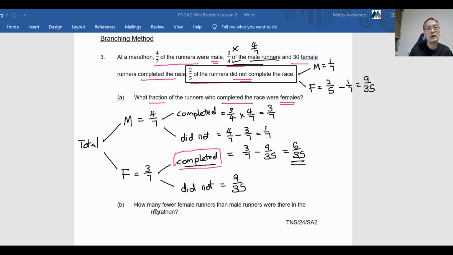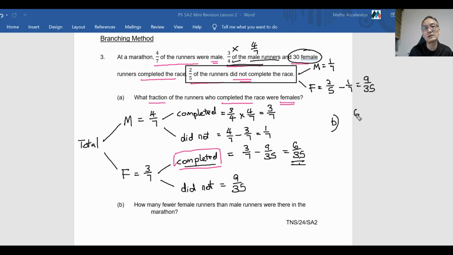Part B. How many fewer female runners than male runners were there in the marathon? For part B, let's work our answer over here. We know that 30 females completed the race, and we're able to link this with 6/35, which is the fraction for female who completed the race.